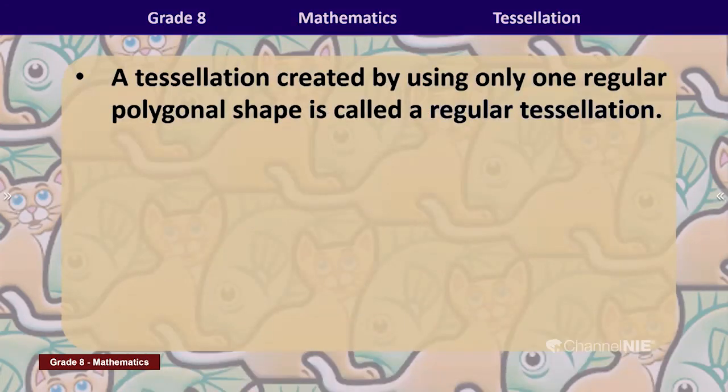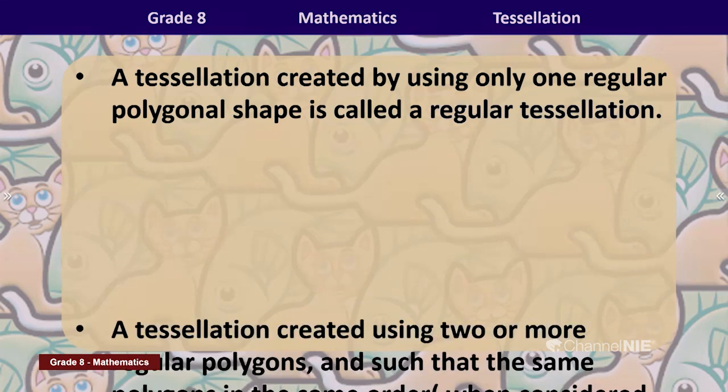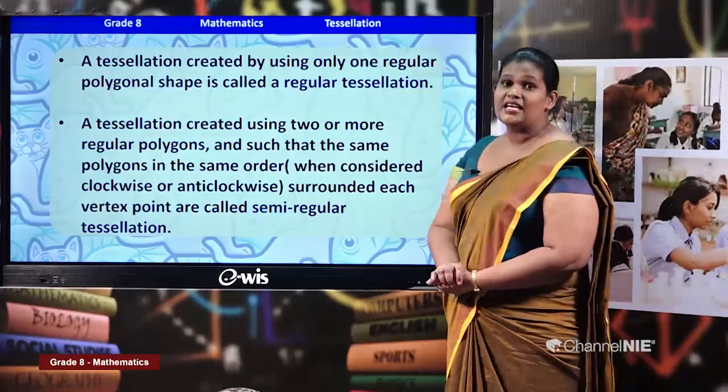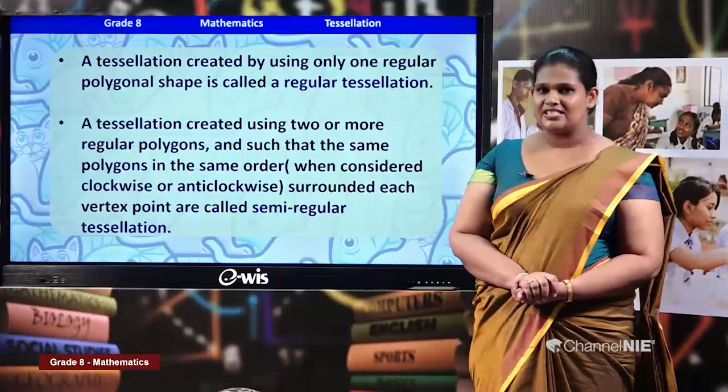A tessellation created by using only one regular polygonal shape is called a regular tessellation. A tessellation created using two or more regular polygons such that the same polygons in the same order surround each vertex point is called a semi-regular tessellation. Right. Now, that is what we have learned today.